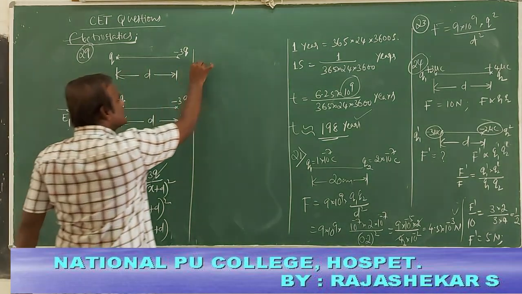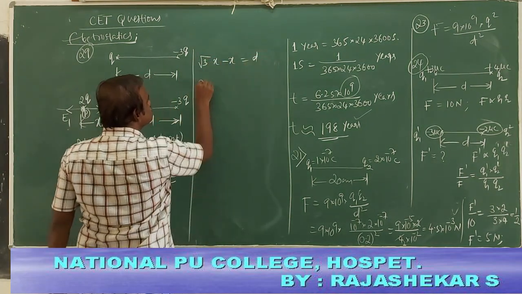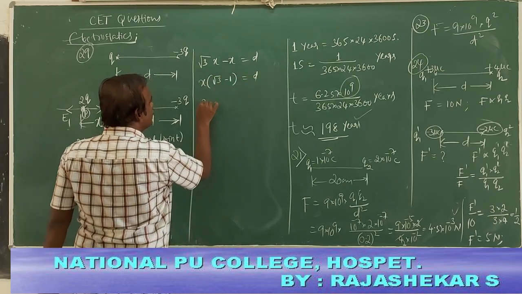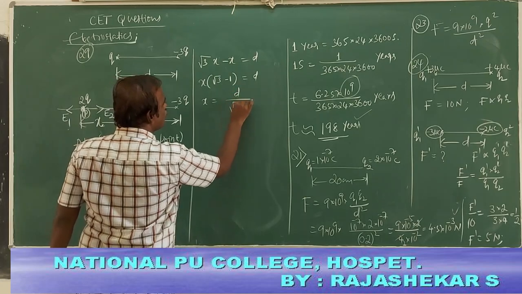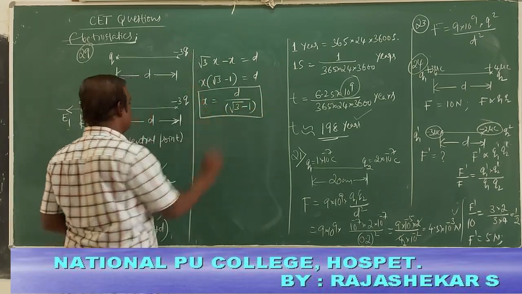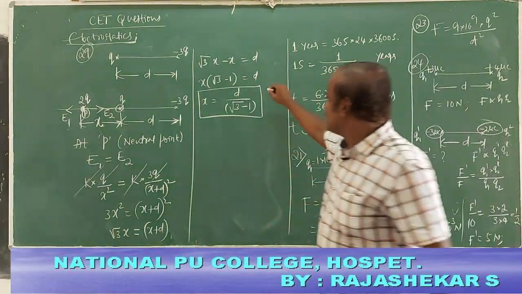So now root 3 x minus x is equal to d. X into root 3 minus 1 is equal to d. X is equal to d by root 3 minus 1 will be the answer, friends. If you know d, you can find it out. Here is the answer.